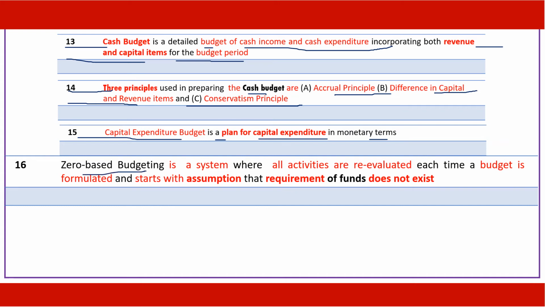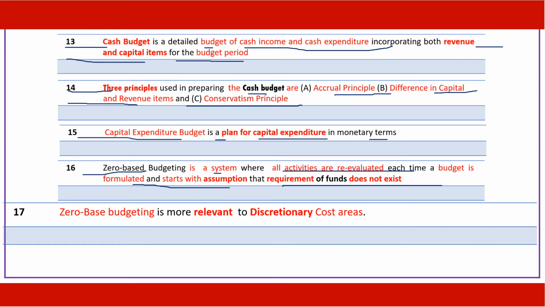Zero-based budgeting is a system where all activities are re-evaluated. When they are re-evaluated, past is not the basis, and the zero-based budgeting starts with an assumption that there is no requirement of funds, but every requirement has to be evaluated and justified afresh. And such type of budget is more relevant in discretionary cost areas. Example, research and development.